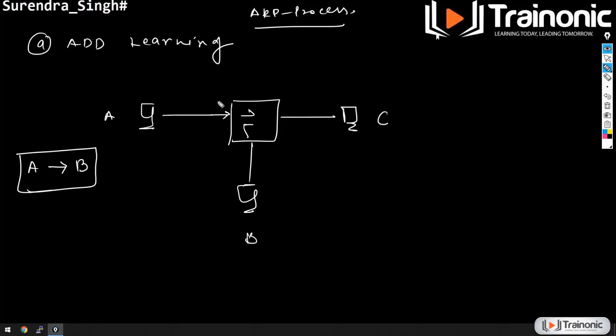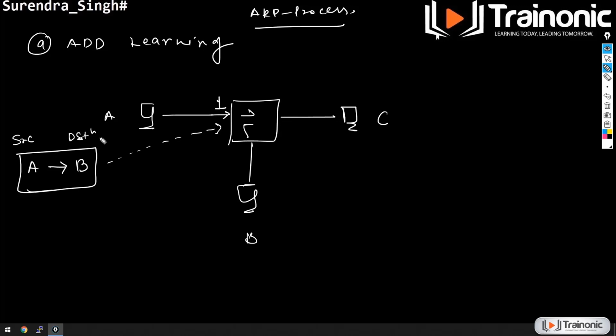So assuming that the device is connected to port number 1, the frame will be received on port number 1, where the source MAC address of the frame is A and the destination MAC address of the frame is B.